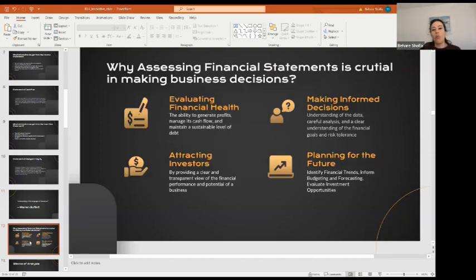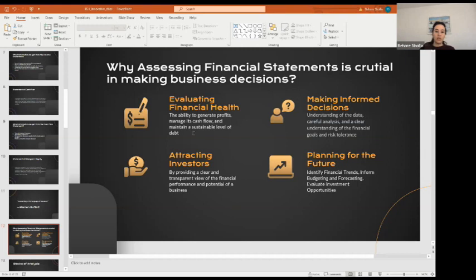So why are financial statements crucial in making business decisions? First, based on financial statements, we can evaluate financial health. How is this possible? We can see whether the business has the ability to generate profits, how it manages the cash flow, and how it maintains a sustainable level of debt.